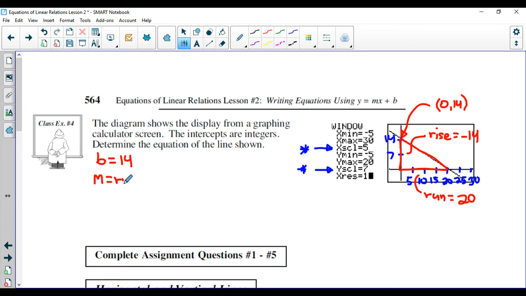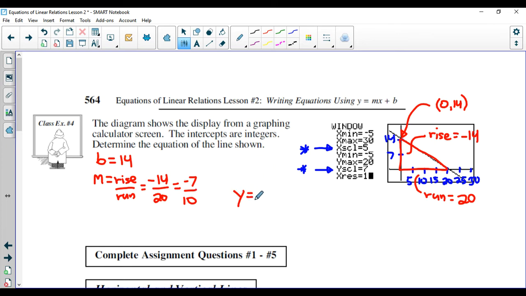Okay, so let's calculate the slope. Slope is equal to rise over run. The rise would be -14, and the run would be +20. We can reduce this fraction by dividing the top and the bottom by 2. So -14 divided by 2 would be -7, then 20 divided by 2 would be 10.